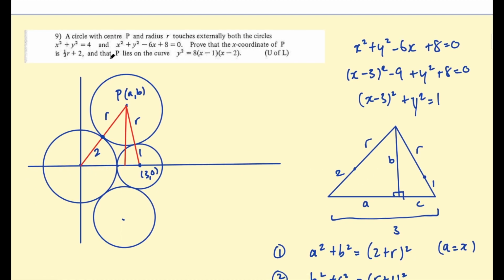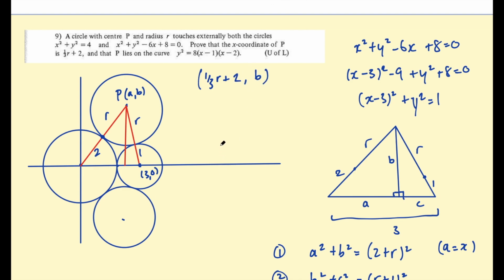The second part was to prove that P lies on the curve y squared equals 8 times (x take 1) times (x take 2). Okay, a couple of things to note before we proceed. We now have the x coordinate of the center being a third r plus 2, and then something.